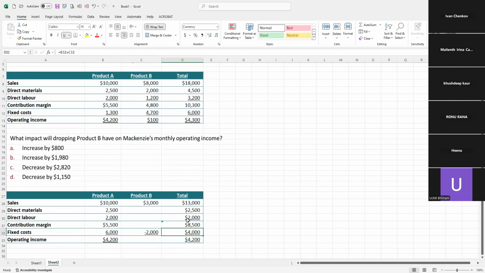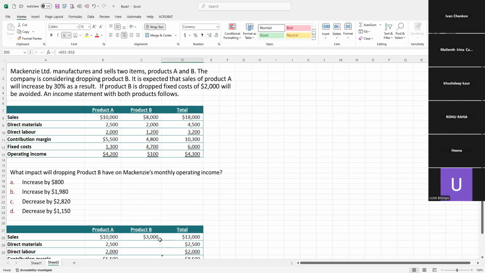It's going to give us contribution margin, fixed cost is fixed cost, and then we're going to have this one minus that one. That will be more accurate on the formulas. But we don't have that as an answer, do we?